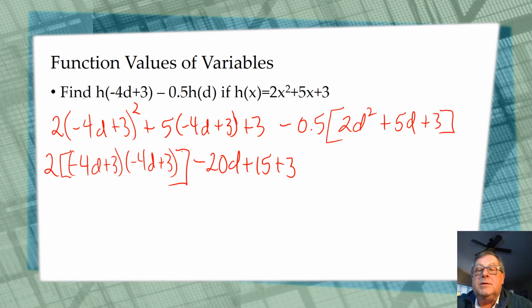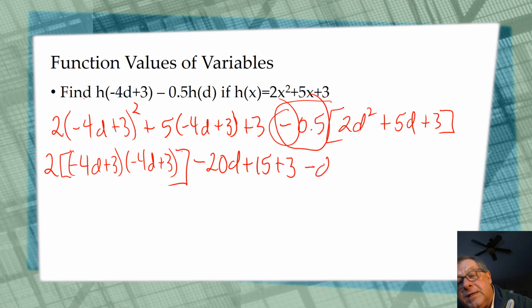And I can go ahead and distribute this negative 1/2. And don't consider that as a subtraction. Consider that as just negative 0.5. So negative 0.5 times 2 is going to give me negative 1d squared. And negative 0.5 times positive 5d is going to give me negative 2.5d. And negative 1/2 times 3 is going to give me negative 1.5.